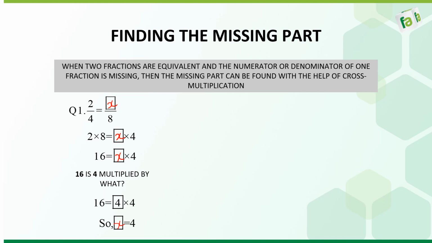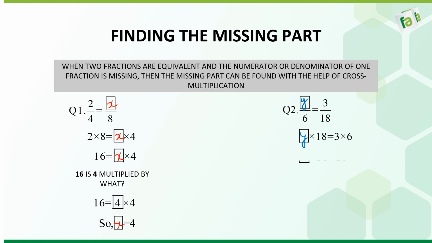Let's take another question. Missing part by 6 is equal to 3 by 18. Let's take this missing part as y here. By cross multiplication, we can write it as y into 18 is equal to 3 into 6.